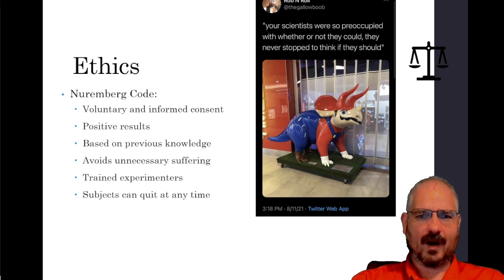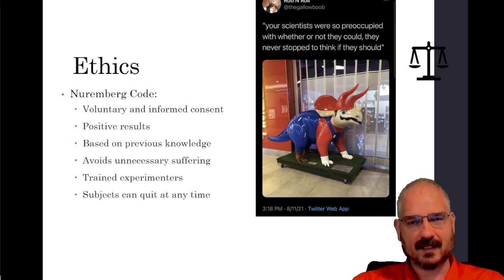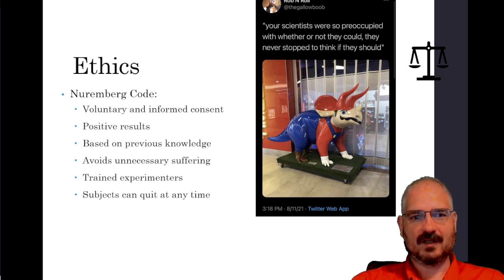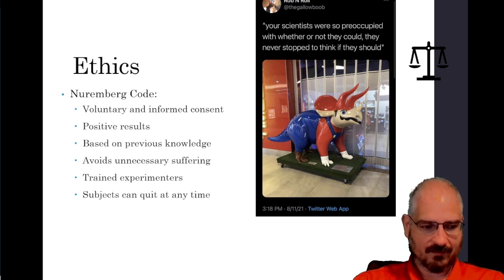And one of the things, the list of the ethical research rules that the Nuremberg Code set down, most of which not for the first time, but very importantly in a very public international agreement kind of way, was that research has to be based on voluntary and informed consent, right?